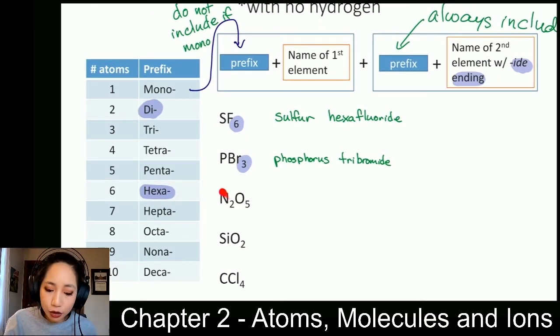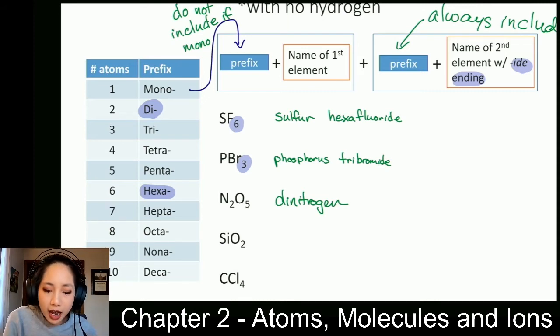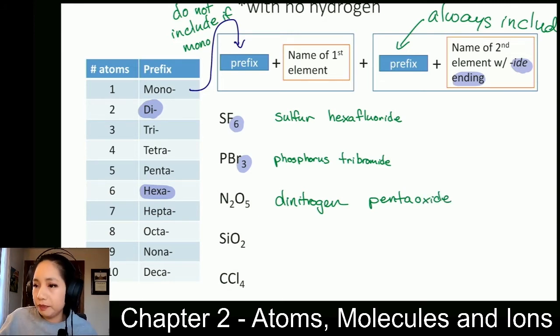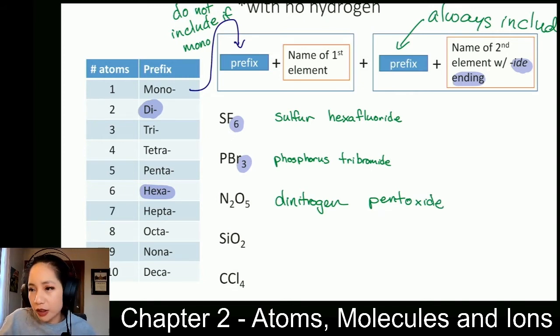Since there's 2 nitrogens, we say dinitrogen. Then oxygen is our second element, so it becomes oxide, and there's 5 of them, so it gets a prefix of penta. Dinitrogen pentoxide. Actually, it's pent. Usually we drop the A, pentoxide. If you put pentaoxide, I'd be fine with that, but I think IUPAC naming goes with pentoxide.